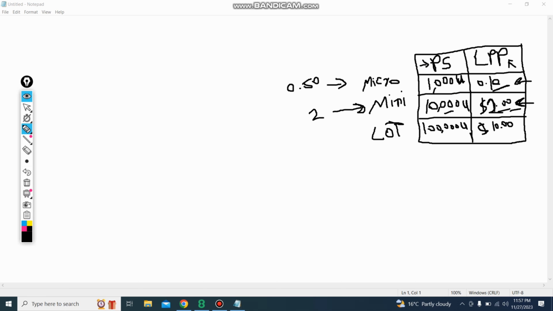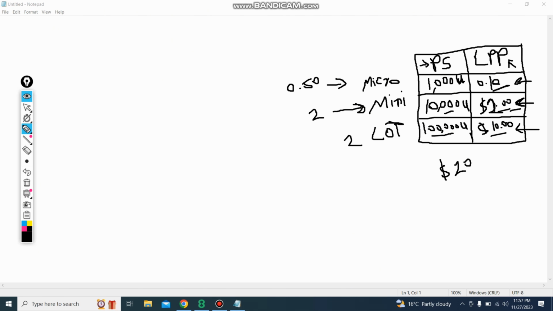Let's now move on to a standard lot. With a standard lot, which is 100,000 units of currency, you will be losing $10 per pip for every pip the market goes against you. So if you get involved with two standard lots and price drops 5 pips, do the math on that and see if you can figure out how much money you have lost in that case.